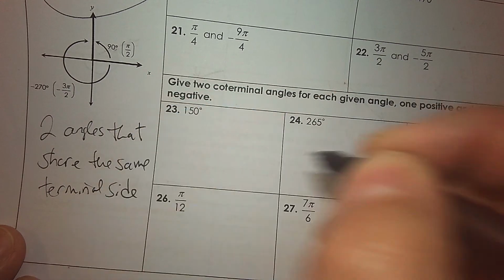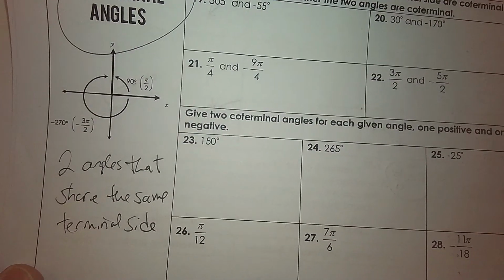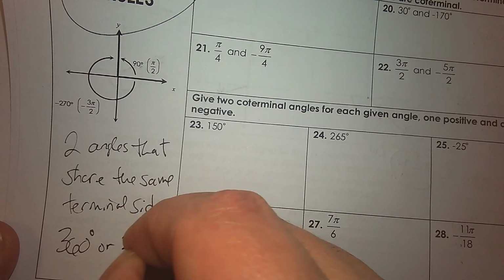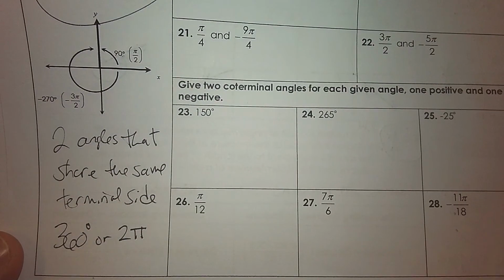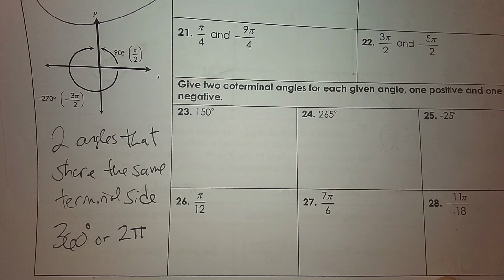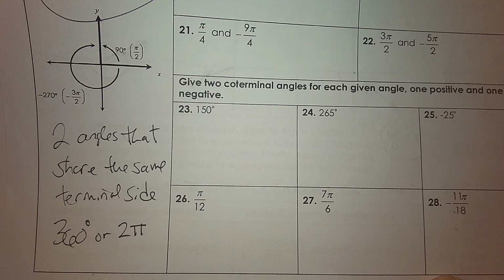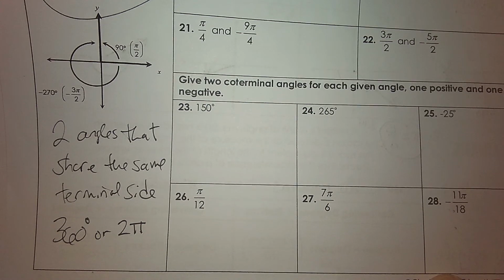Now the key number here is going to be either 360, or if it's in radians, 2 pi. That's because the old joke, if you go 360, you end up exactly where you were, right? That's coterminal, 360. Or in radians, 360 is 2 pi.